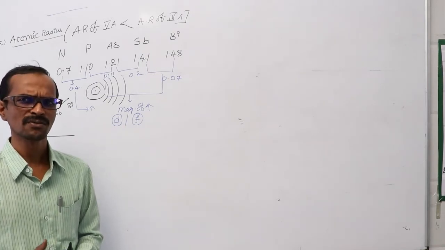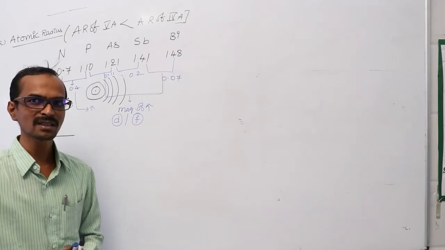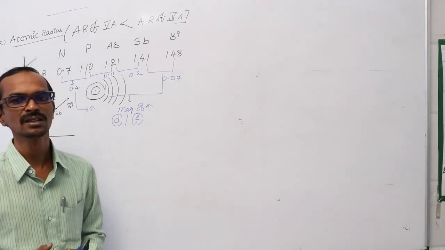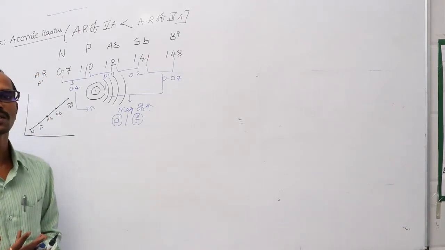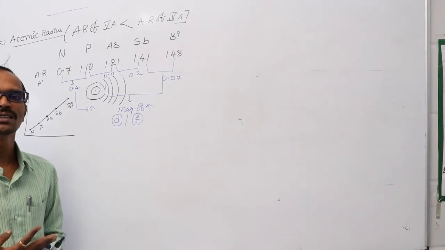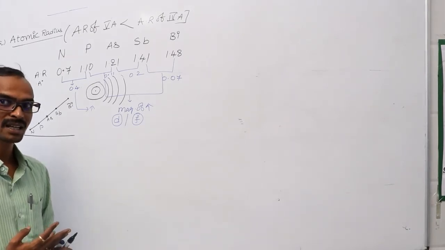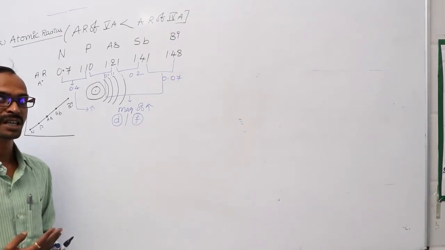Because if the shielding effect is poor, the expected increase in the atomic radius does not happen. Whereas in nitrogen and phosphorus, a considerable increase occurs because they have electrons in inner shells only in s and p orbitals, which can offer more shielding effect.